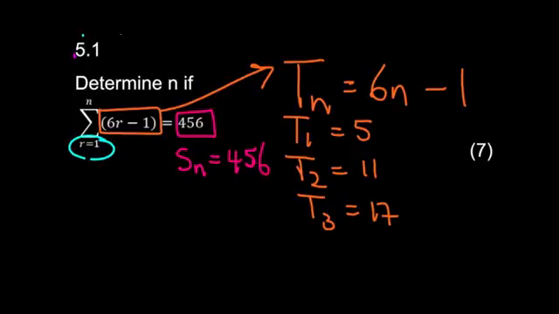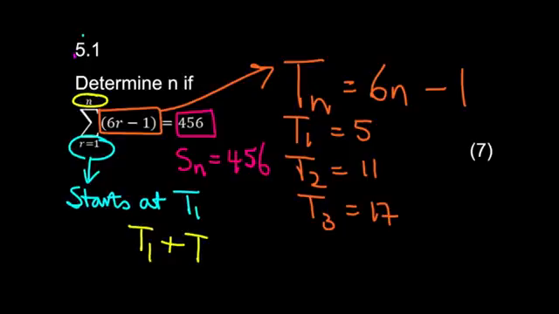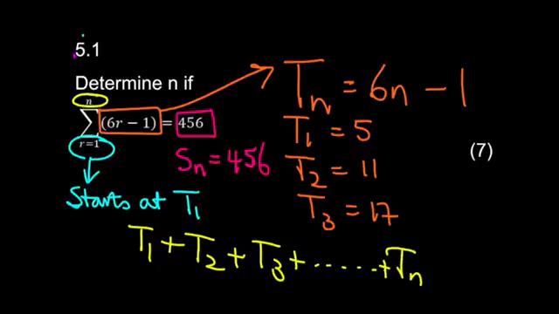My sequence starts at T1. And where does it end? It will end there. So it looks like this: T1 plus T2 plus T3 plus all the way to Tn. So I'm adding a certain number of terms together, and I'm getting 4, 5, 6.